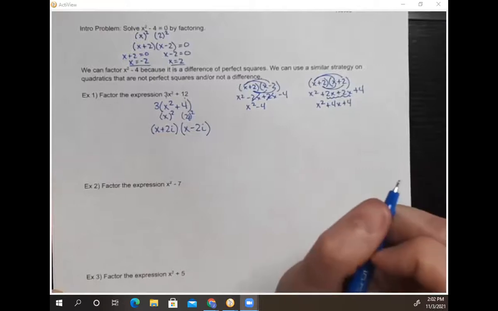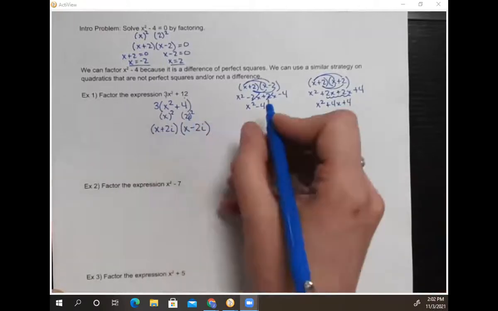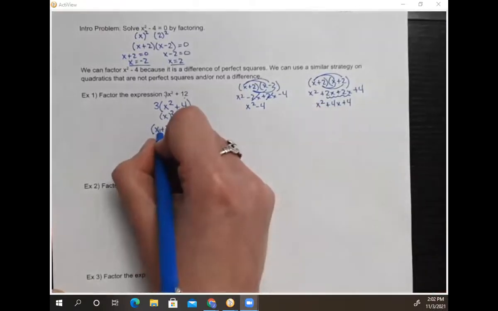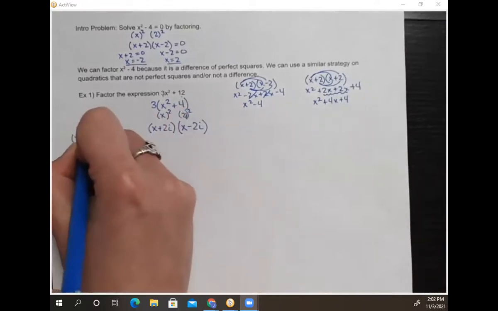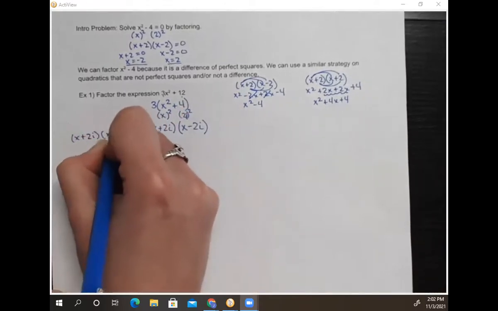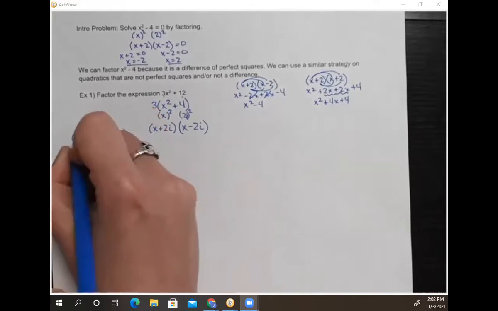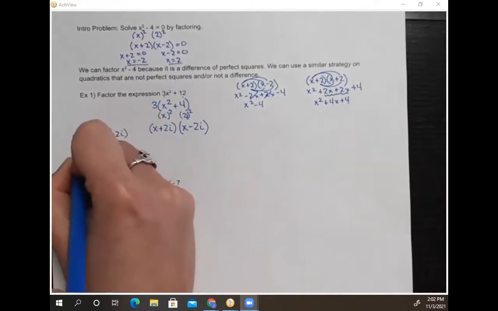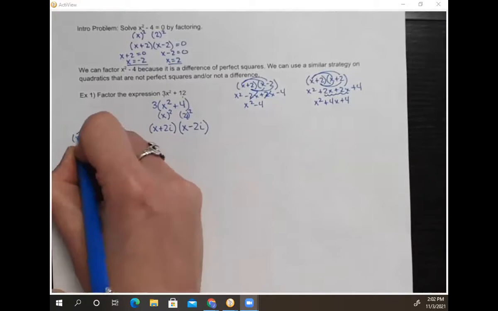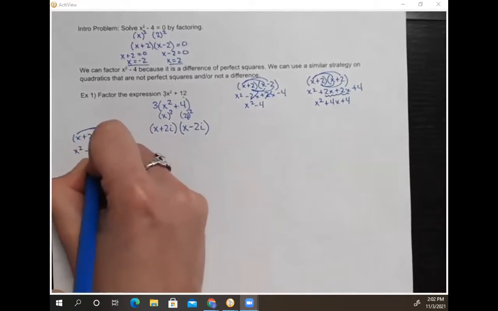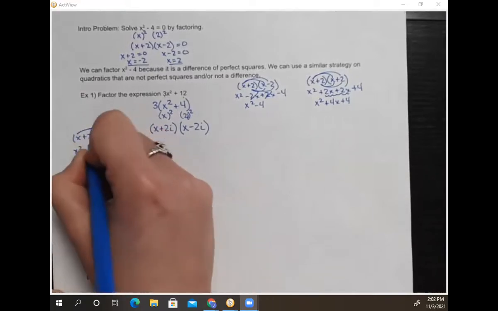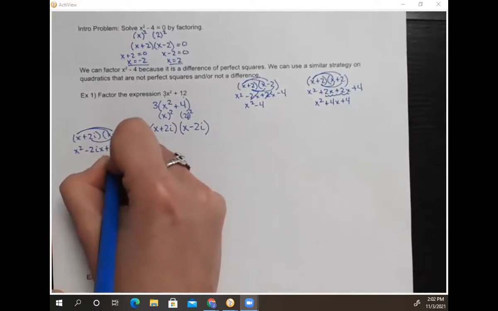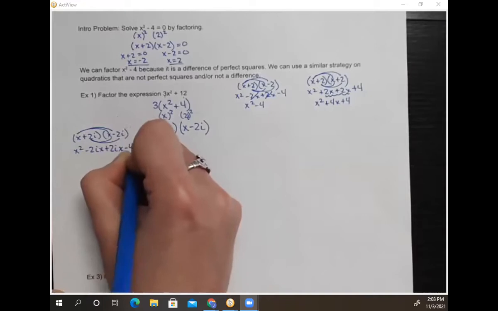And I'm showing you why we want the i's. So let's take a look at what happens when we distribute. So I'll write it over here, x plus 2i and x minus 2i. If I take my factors and distribute, I get x squared minus 2ix plus 2ix minus 4i squared.